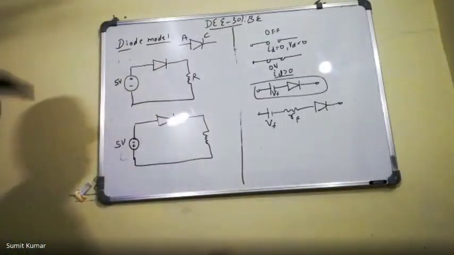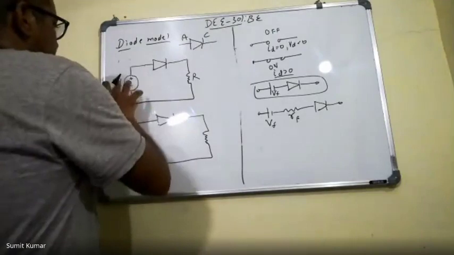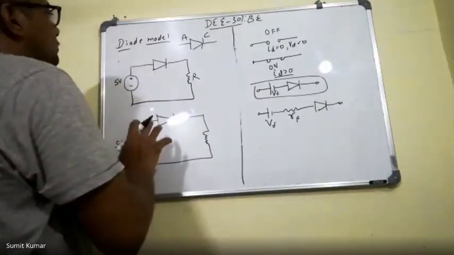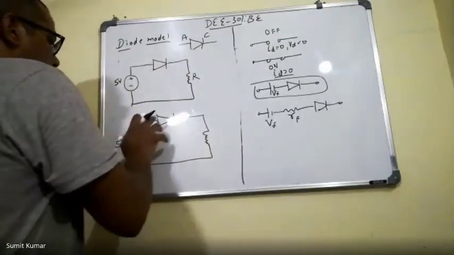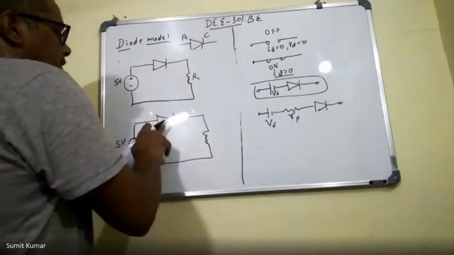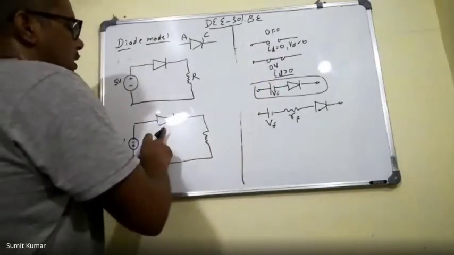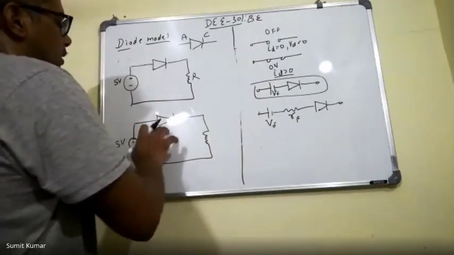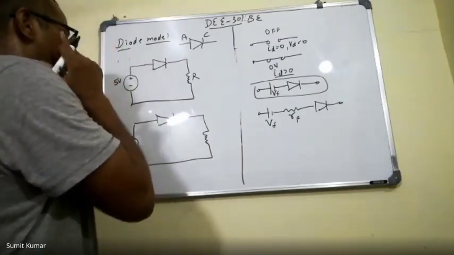In some literature you can find this anode and cathode. Okay, so this is the 5 volt diode, and now in the ideal diode model, this was reverse biased, and we replaced this diode with the off state, the open circuit, and then we tried to calculate the voltage across the open-circuited diode, and we used the KVL.